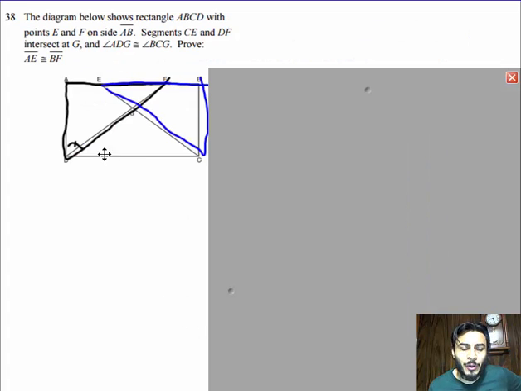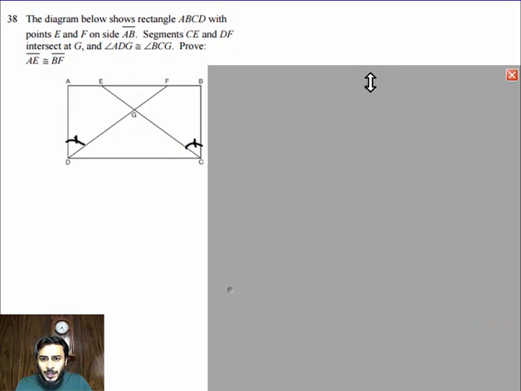Well, the point is that I want to prove these two triangles congruent using one of the postulates, right? Then after I prove those two triangles congruent, I can use CPCTC to say that AF is congruent to EB, and I'm going to need that for my line proof. Now, I know that's a little confusing. There was a lot there. So let me just take you through it. All right, so let's begin.